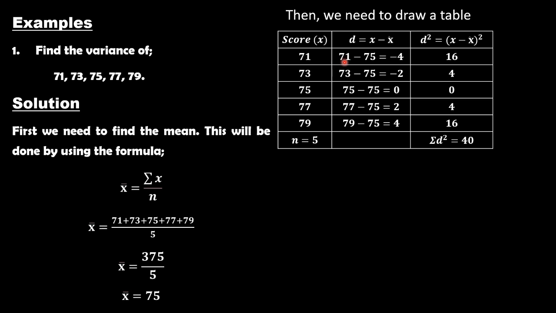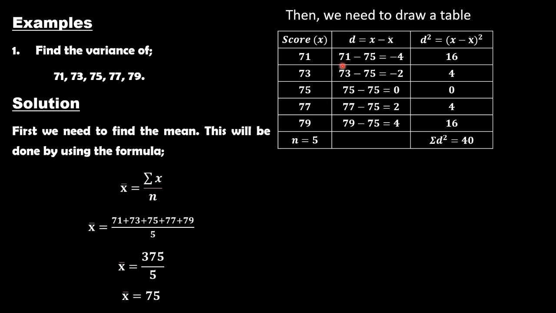So we have 71 minus 75. This 75 is the mean that we got. If our mean is, for example, 80, then what we will be subtracting here will be 80. But in this case, for this example, it is 75. Therefore, we are subtracting this mean from each of these values that we are given.